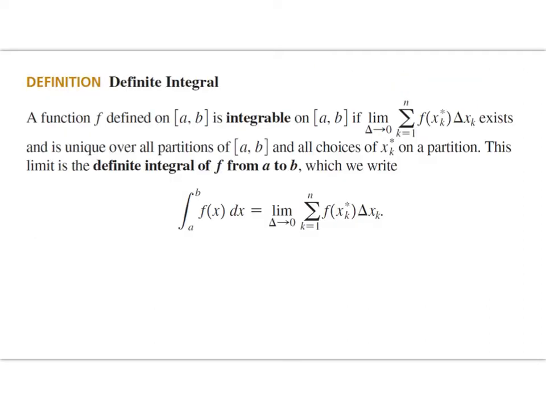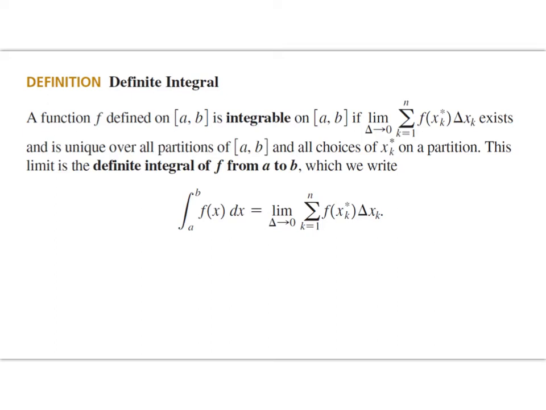So our formal definition for the definite integral is that a function f defined on the closed interval [a, b] is integrable on that closed region if the limit, as delta goes to 0, the width of my rectangles, of the summation of the areas exists and is unique over all the partitions, meaning all of those rectangles, and all choices of xk star in the partition.